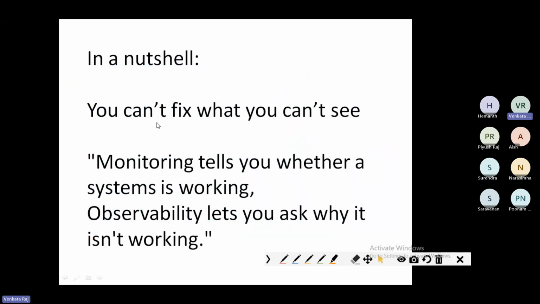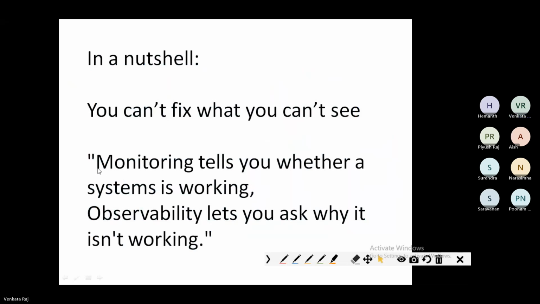So, guys, in a nutshell, if you can't see something, will you be able to fix that? No, right? Whatever you can't see, you can't fix. So you cannot fix what you can't see.